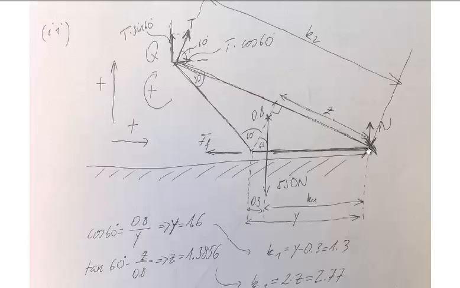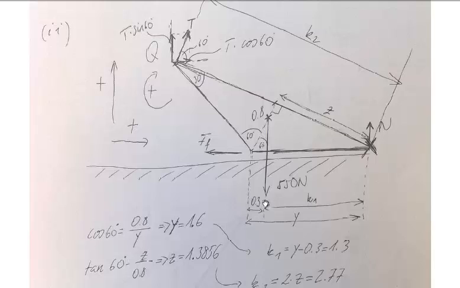We can apply cosine. Cosine 60 degrees is equal to 0.8 over y. So here is y. Then z. Tangent 60 degrees is equal to z over 0.8. Here is z.